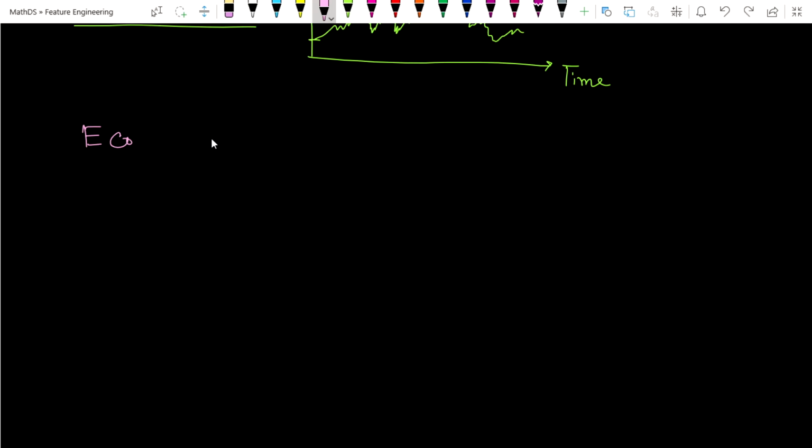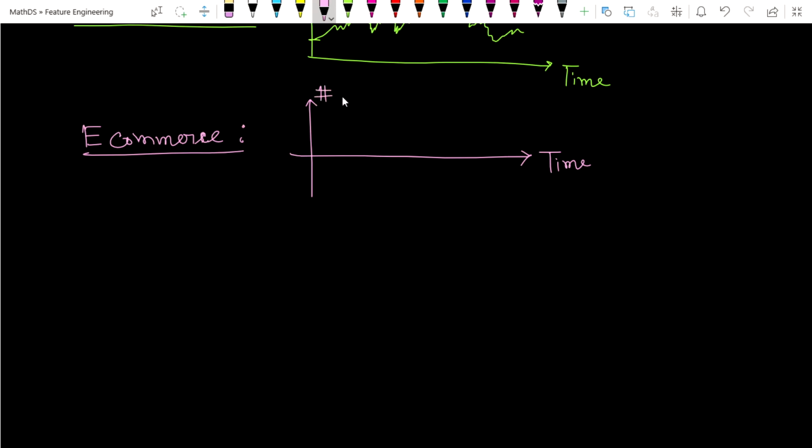It looks like this: here is the time, and on the y-axis we have the number of products sold in an hour.